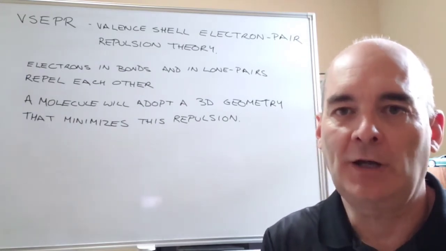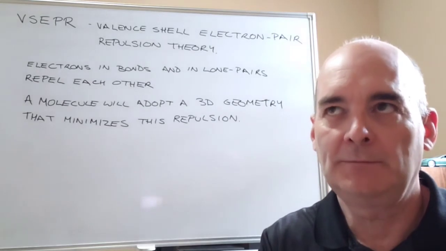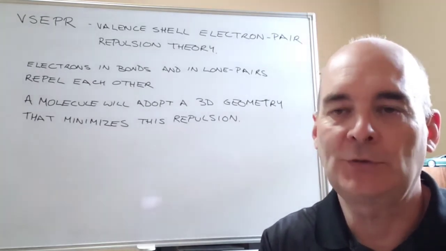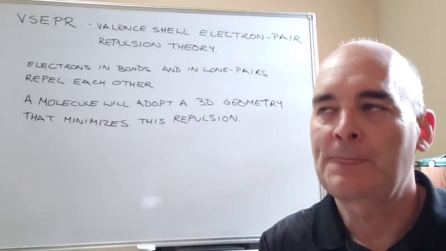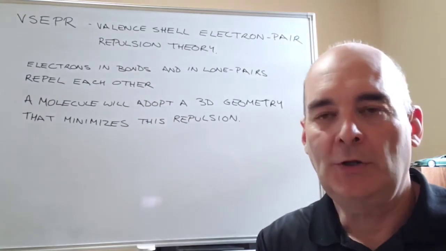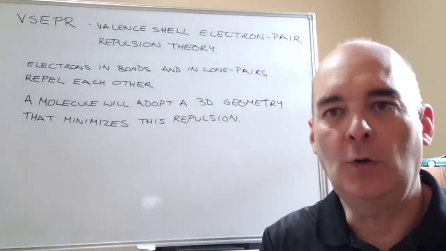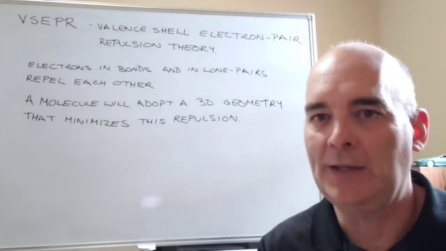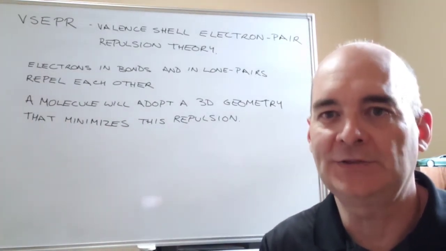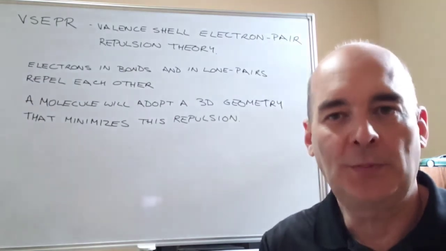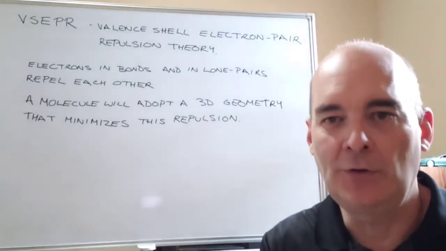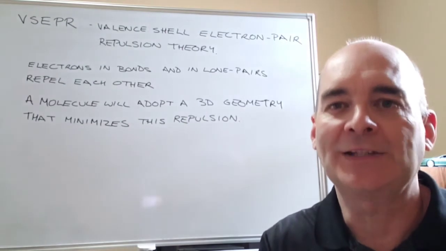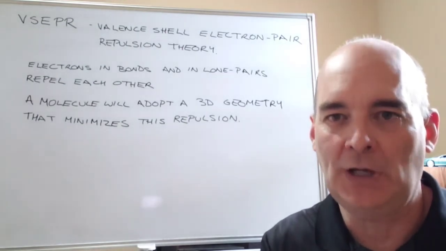Electrons have a negative charge, and two negative charges are going to repel each other. So our molecules are going to orient themselves in three dimensions in such a way that they minimize these repulsions.